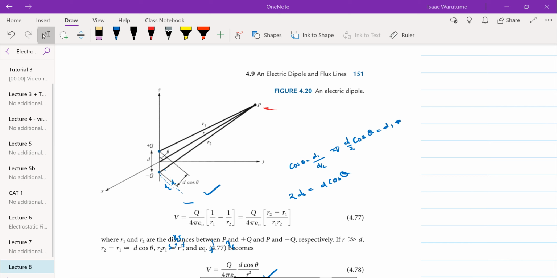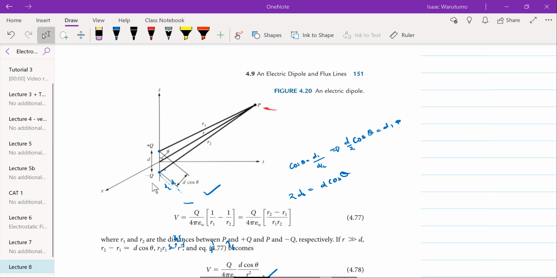One of the most important points to understand with this figure is the distances r1, r2, and r, and how they are related to the distance between the 2 point charges making the dipole, the d.